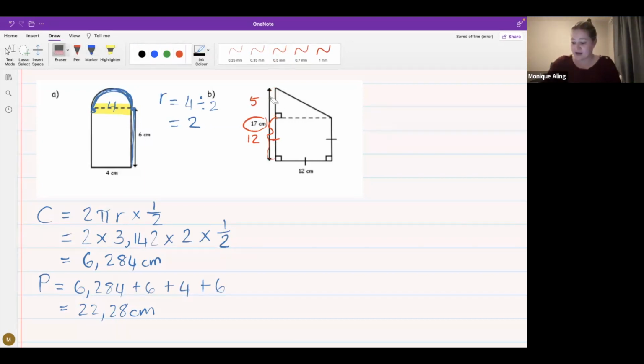So the base of our triangle is 5 and the other side of our square is 12. Based on the given information, this side of the triangle is also 12. So that means we are missing our hypotenuse. So we need to do some Pythag first so we can get that side and then we can work out the perimeter of this shape.